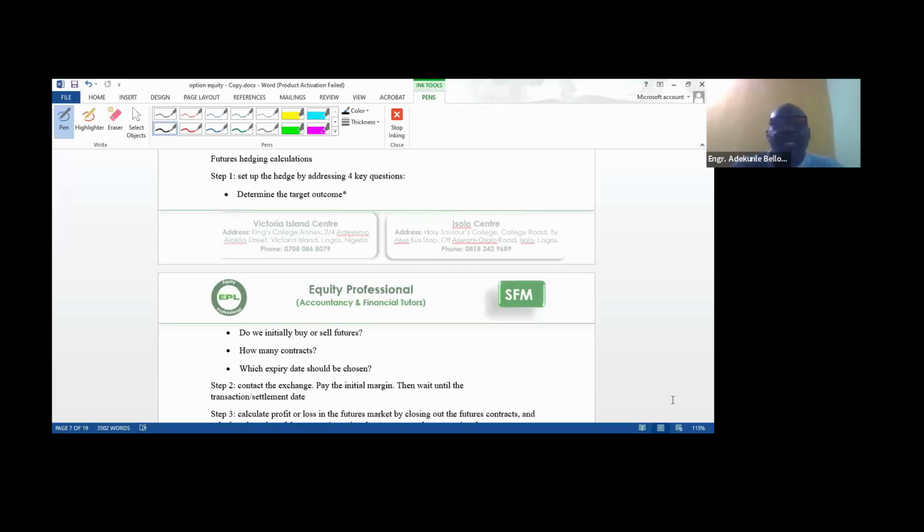Step number 3, determine the profit or loss in the futures market by closing out the futures contracts.